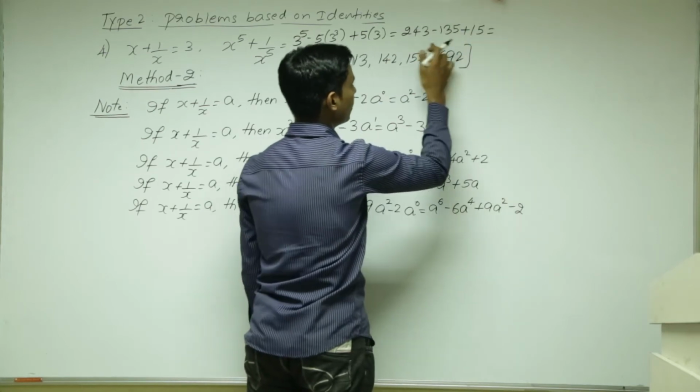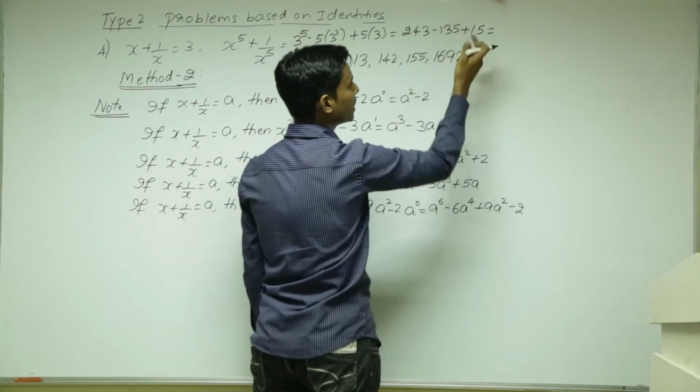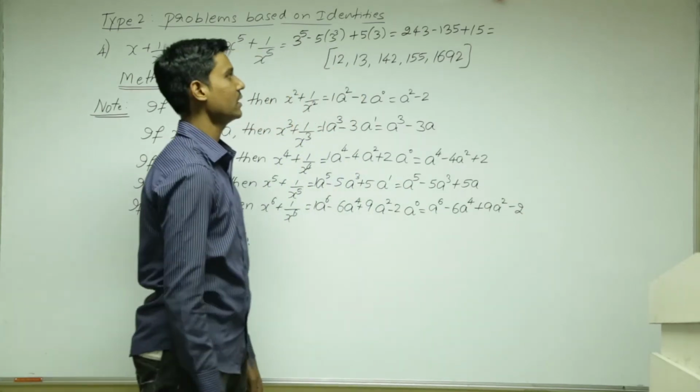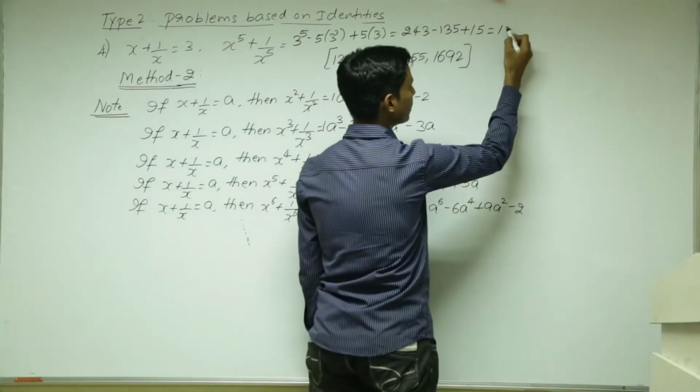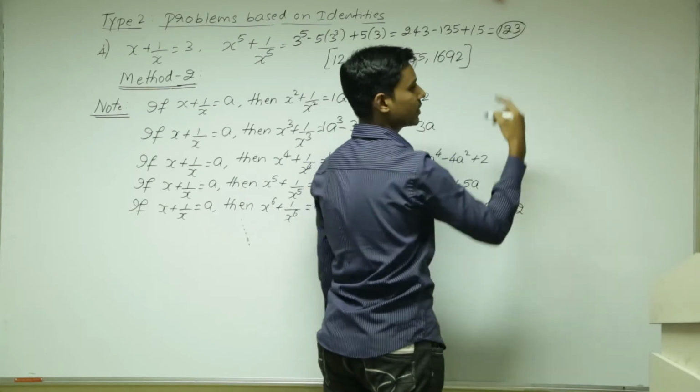So 243 minus 135 plus 15 is 243 minus 120, which is 123. That is what we got in method 1 also.